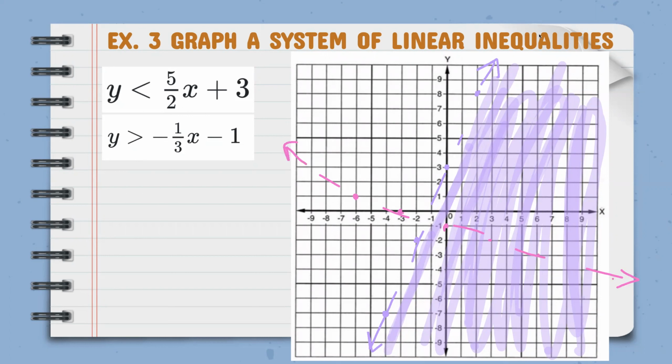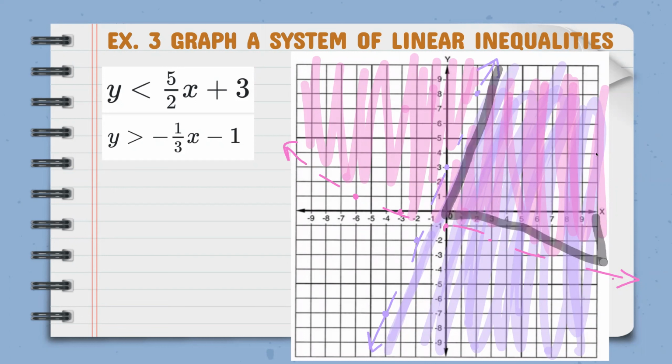It looks like I'm shading greater than my y-intercept, so I'm going to go to my y-intercept and shade above, everywhere above that line. So where are our solutions? Our solutions are in the double shaded area, which is right here.